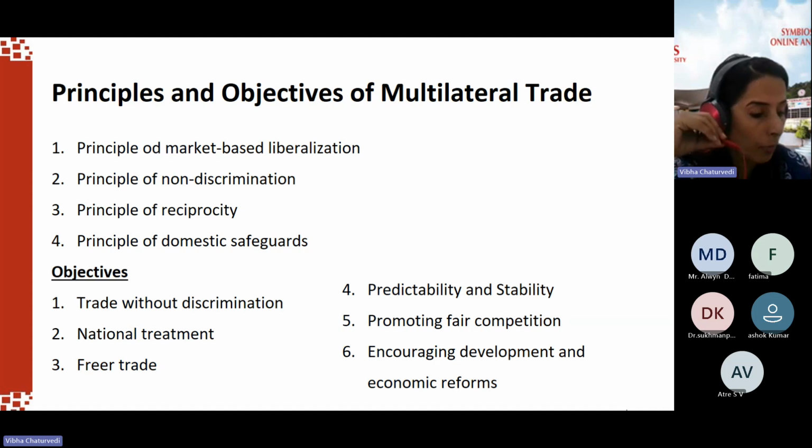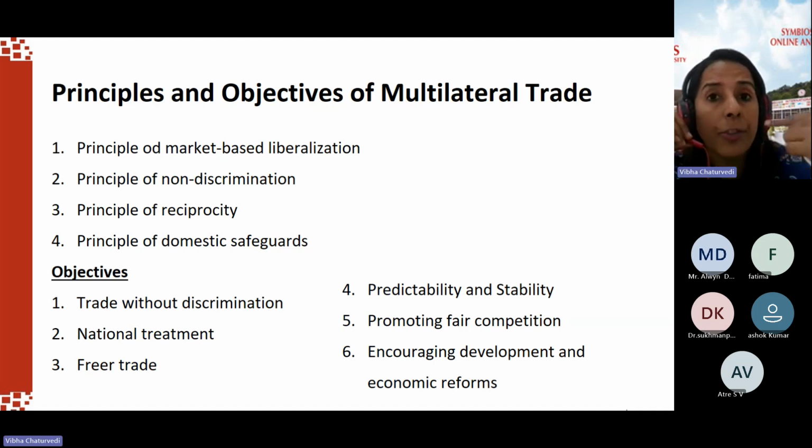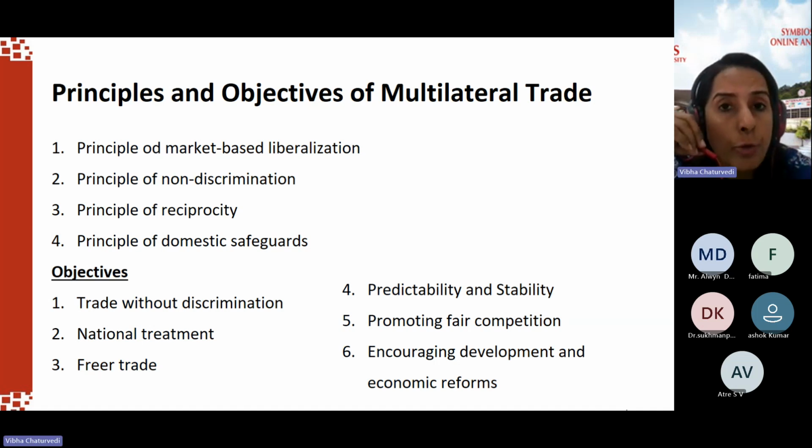Reciprocity is the third one, which means that if there are any trade concessions made by one country to the other, similar concessions should also flow from the other country, so US and India and US and China, they should have similar trade concessions.